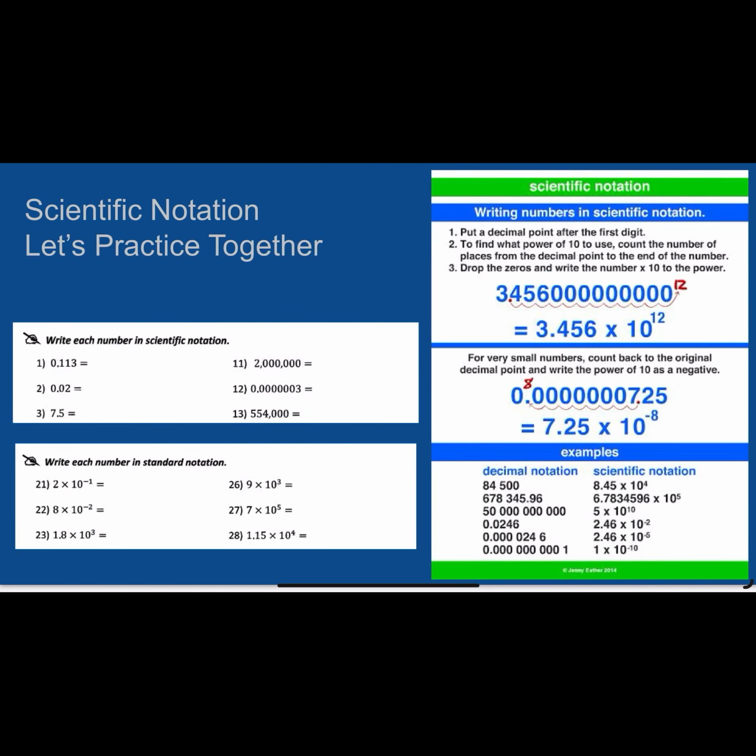Over here on the right-hand side, I've listed out those different steps and some different problems that are written, or numbers that are written in both standard notation or decimal notation and scientific notation, so you can compare the two.